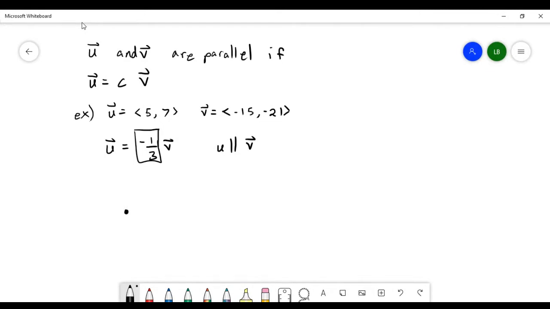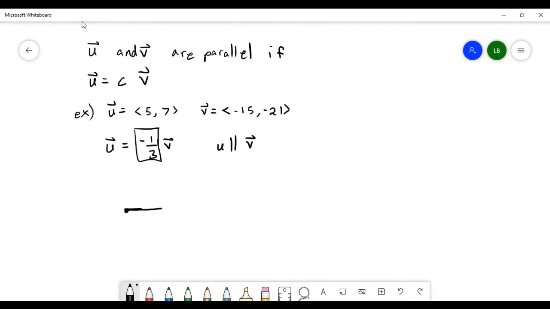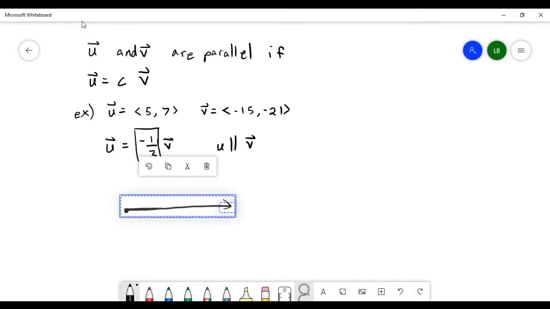And if we wanted to represent that graphically, well, we say that vectors are parallel if they lie on the same line. And when we multiply a vector, really all we're doing is we're stretching it, or compressing it.